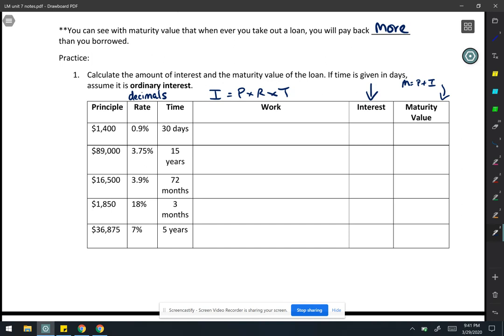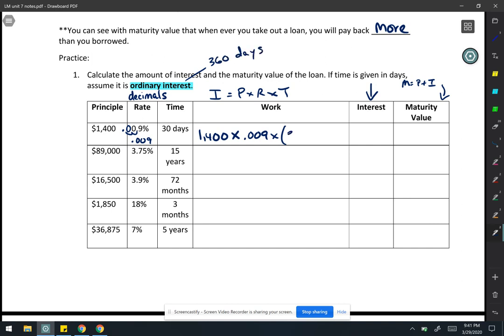So let's take a look at the first one. We have our principal of 1,400. We're going to multiply it by the rate converted to a decimal. So we have 0.009, because 0.9% becomes 0.009. You move the decimal 1, 2, add the 0. Times 30 days. Remember, when we're talking about days, and it's saying we're going to use ordinary interest again, ordinary being out of 360 days.